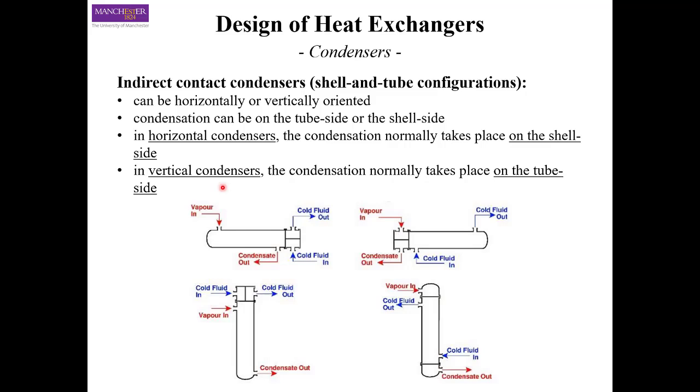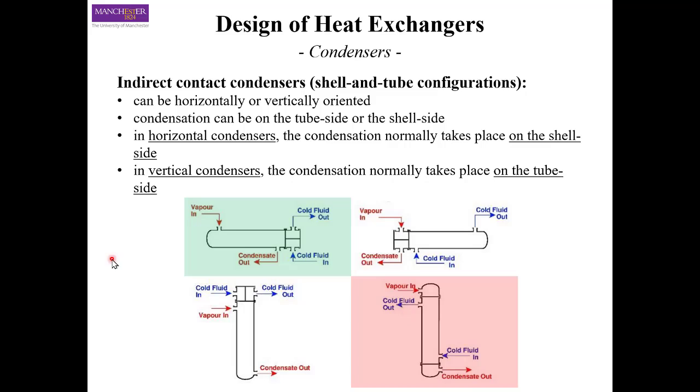While if you have vertical condensers, like here for example, you have the condensing fluid or the vapors inside the tube while the cold fluid is in the shell. Okay, and again, why we do that, it comes from heuristics.